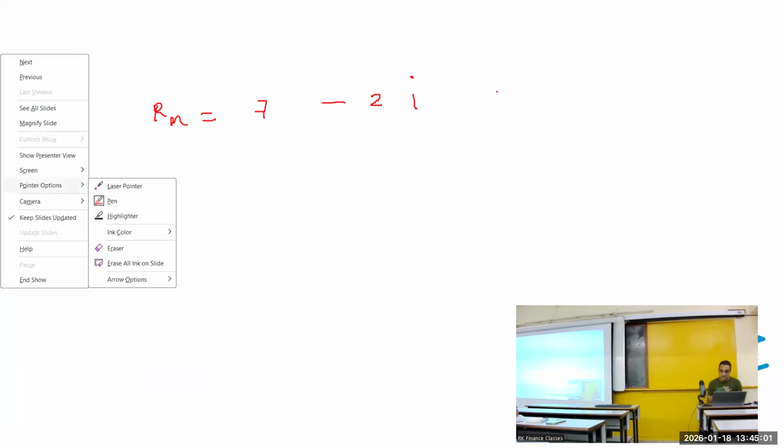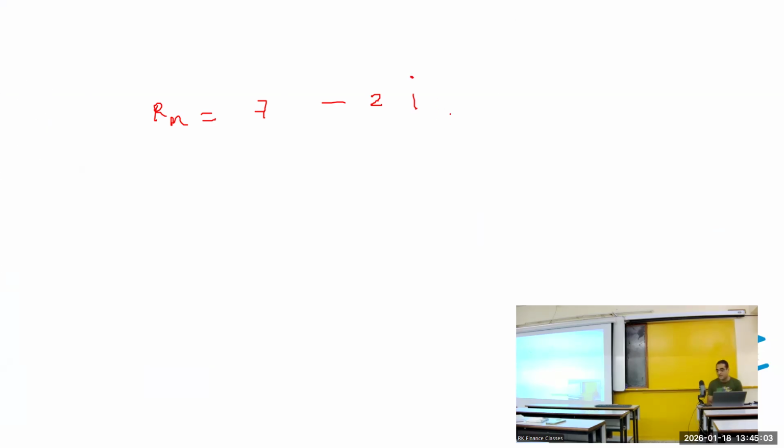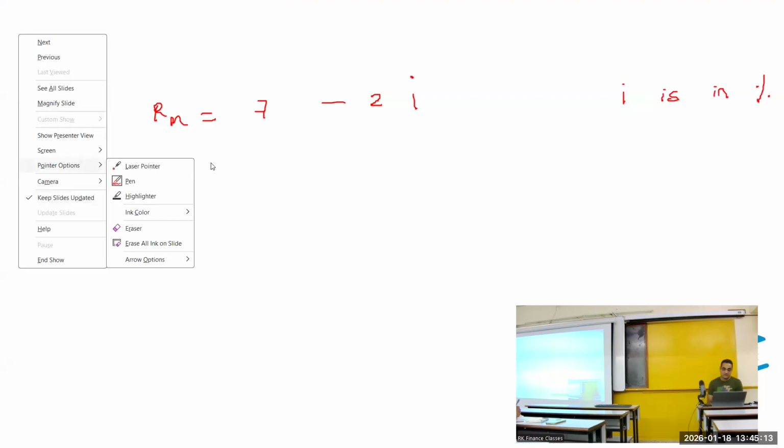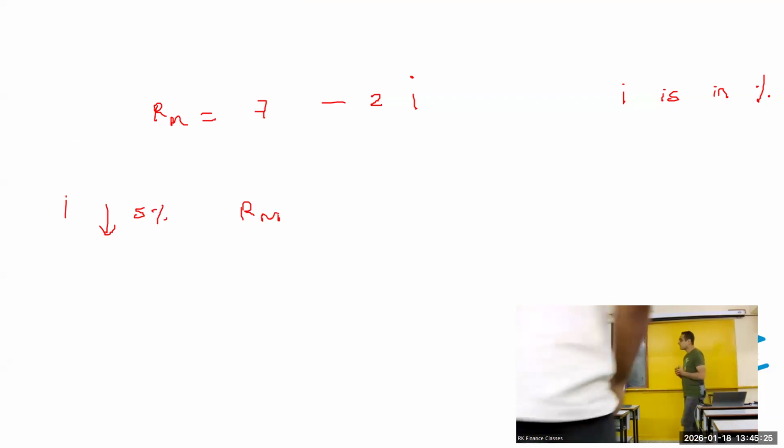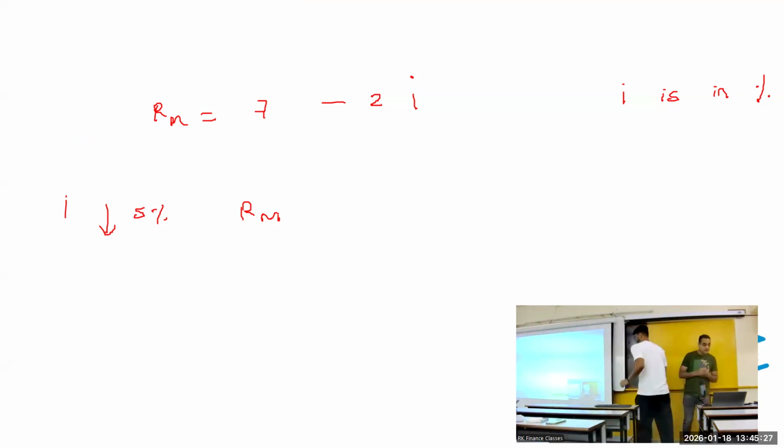And now interest rate bracket में और इसके बाजू में राइट interest rate is in percentage. Question: if interest rate goes down by 5%, what happens to the return of market? If interest rate goes down by 5%, what happens to the return of market?